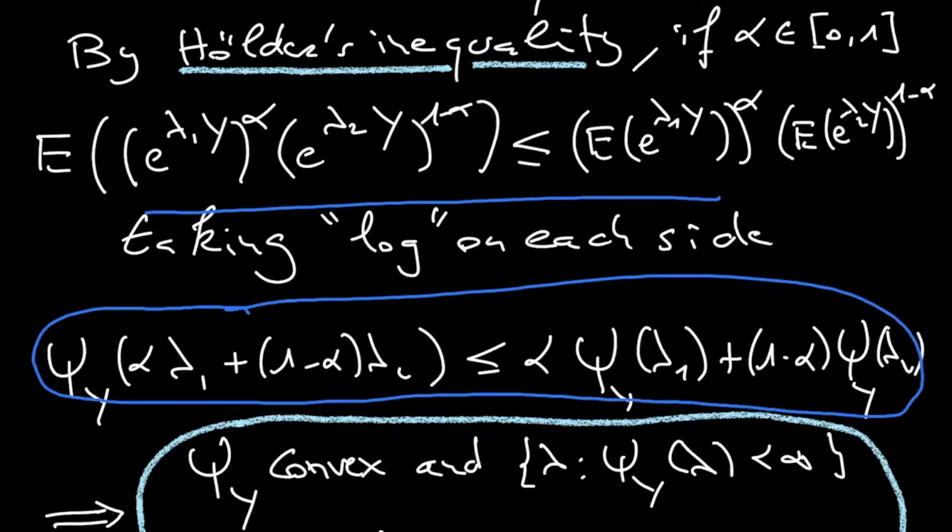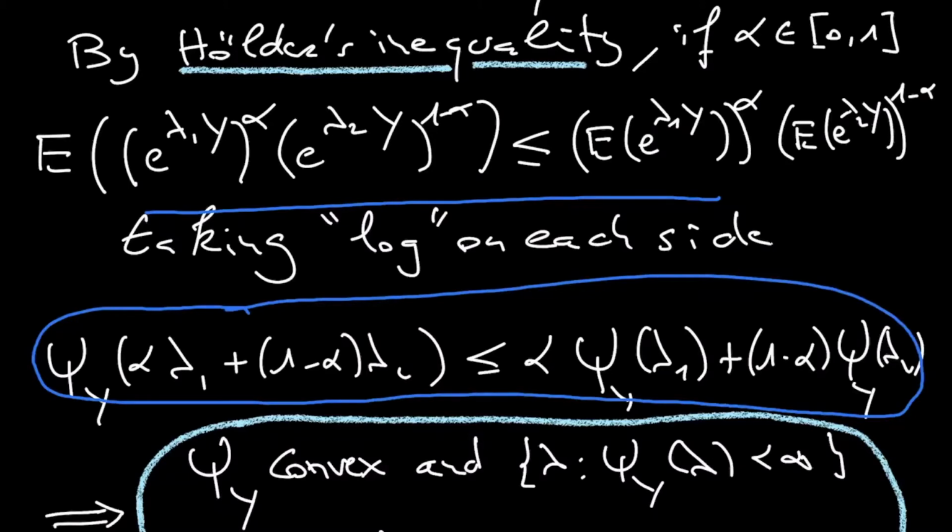Because of course, it's not obvious at all that when you look at the moment generating function, it is a finite quantity. For some lambdas, it may be finite. For some others, it may be infinite. And of course, it is always finite at 0, where it is equal to 1. But when it is finite on a non-trivial interval, this means that you have a variable which is very integrable.